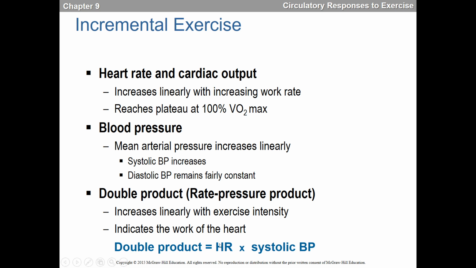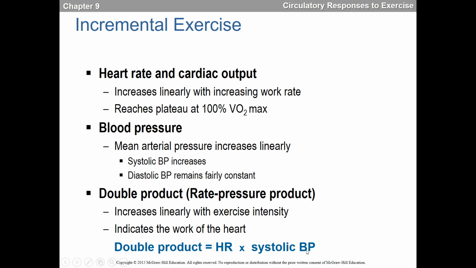And it's a low-cost way to actually see a lot. Various individuals after heart attacks or whatever have a certain level that they can get their rate pressure product up to and not beyond that. It's actually a really good diagnostic tool for a lot of things. It's a good way to see left ventricular myocardial oxygen consumption, and also just the total amount of work that the circulatory system is having to go through.